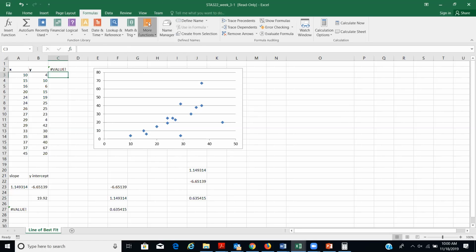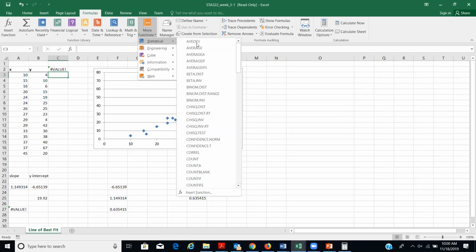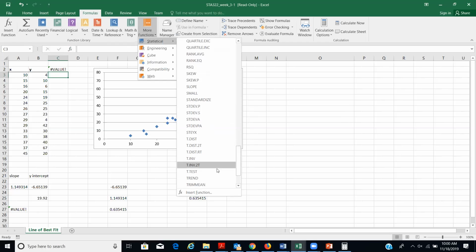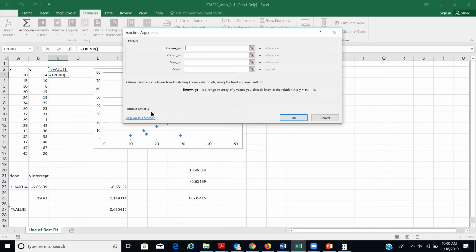So again, function, statistical, trend down here. And what this is supposed to do is return numbers in a linear trend known as data points using the least squares method.